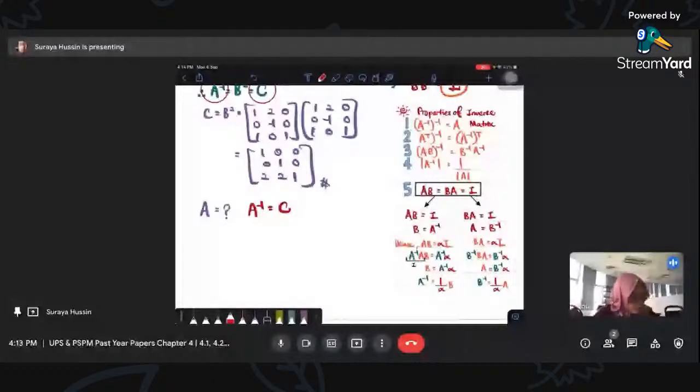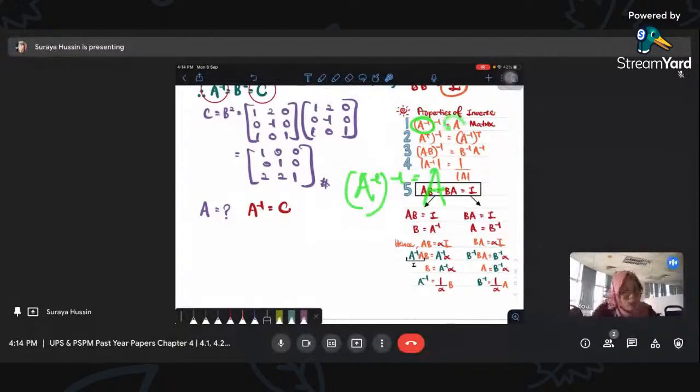Do you remember that if you want to find A, you can apply a property of inverse matrix, which is that when you take the inverse of A inverse again, the inverse disappears and you get A alone.